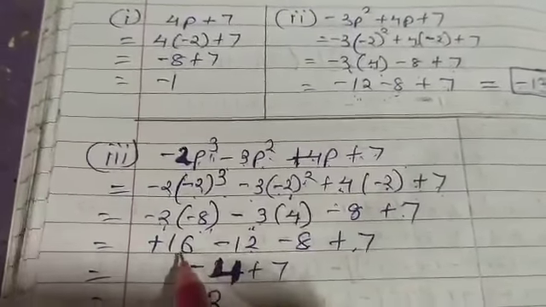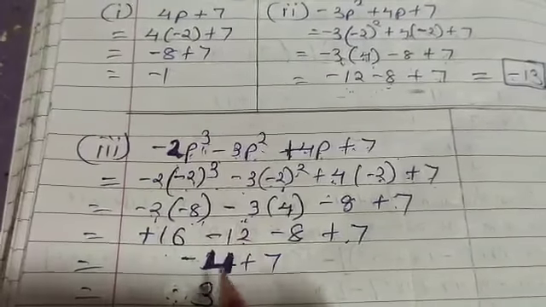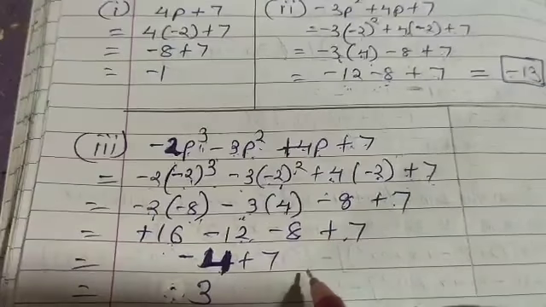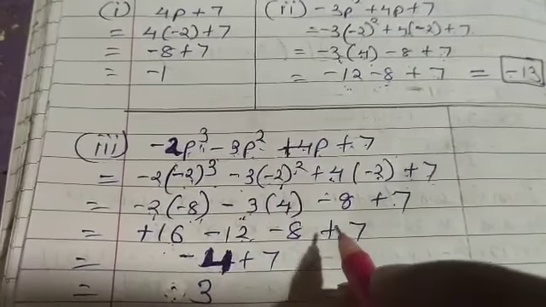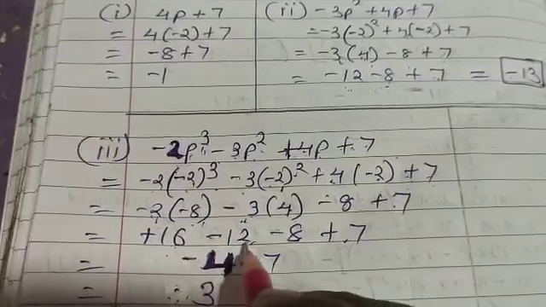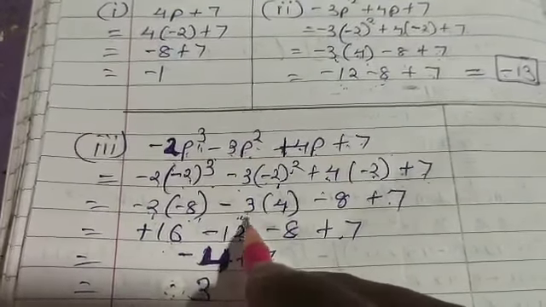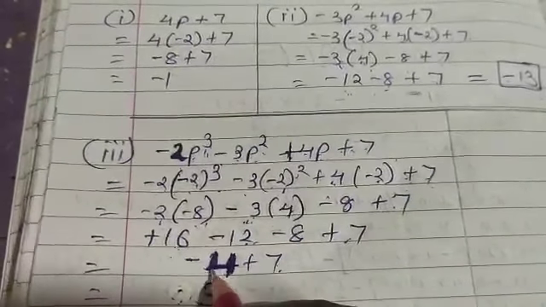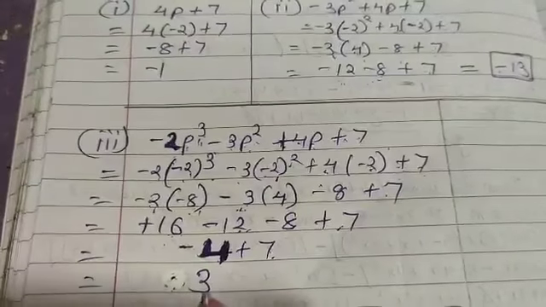Now, dear student, 16 minus 12 is positive 4, and positive 4 and negative 8 is negative 4, and write down this 7 as it is, 7 minus 4 gives 3.